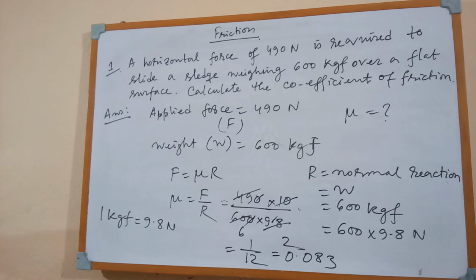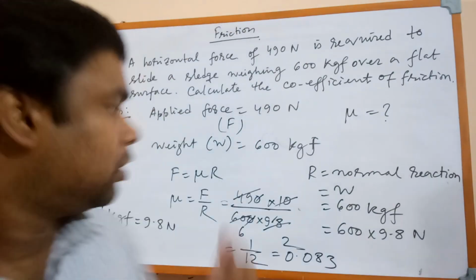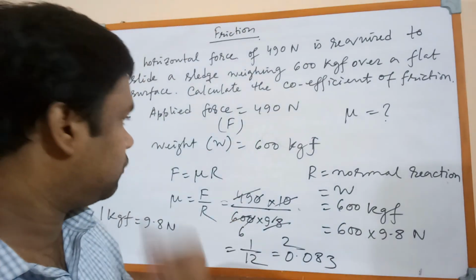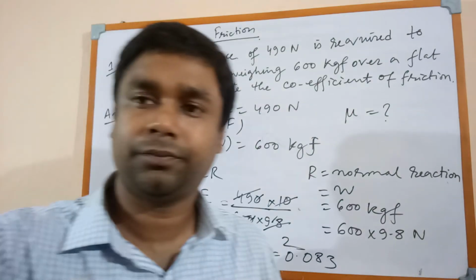This is the value of mu, and it is a unitless quantity since it is the ratio of two forces, F and R. I hope you have understood this numerical and the method of solving it.